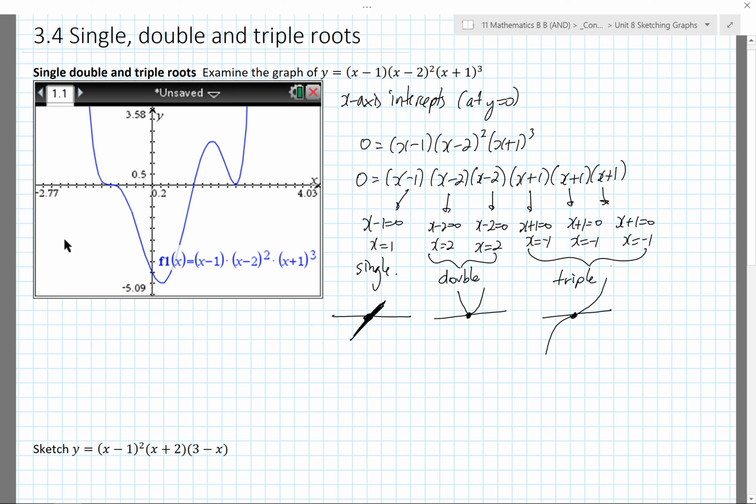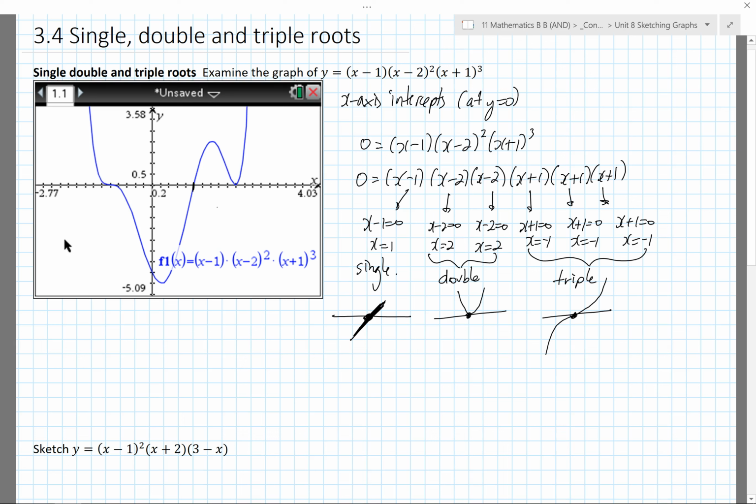And we can see that on our graph: my single root at x equals 1 just passed through like normal. My double root at x equals 2, here it is, just touching like a quadratic. And my triple root at x equals minus 1, we see it coming through like a cubic.